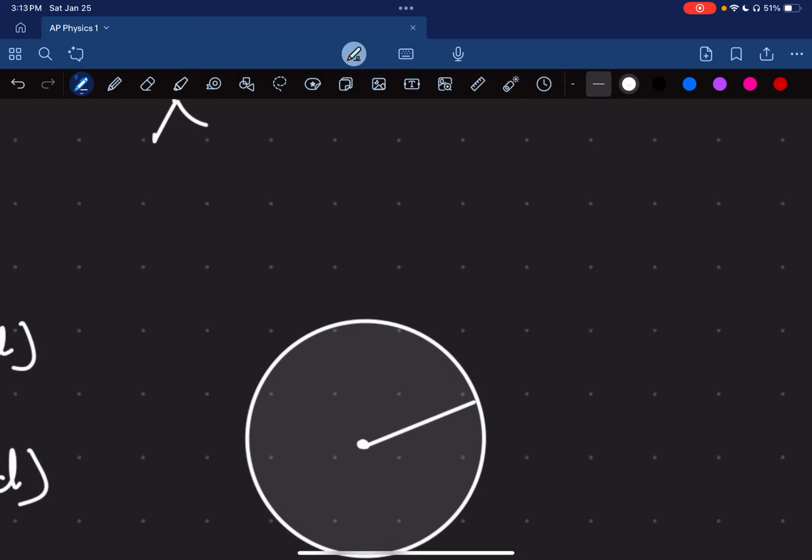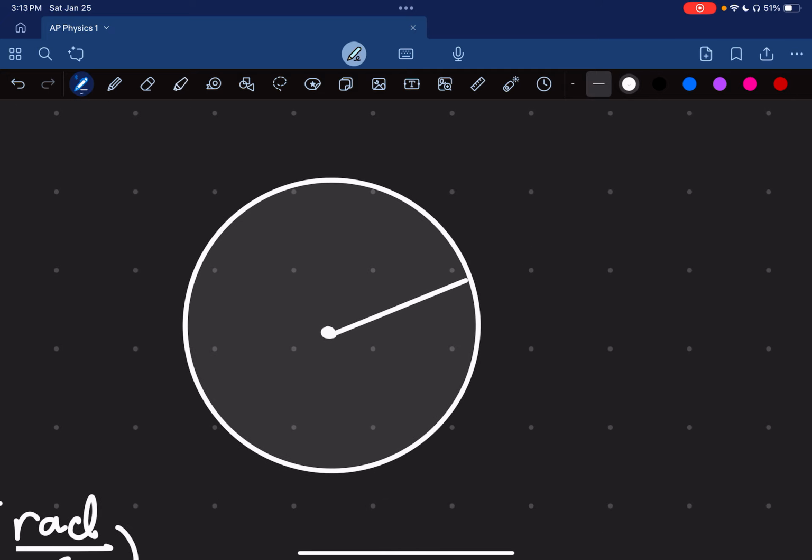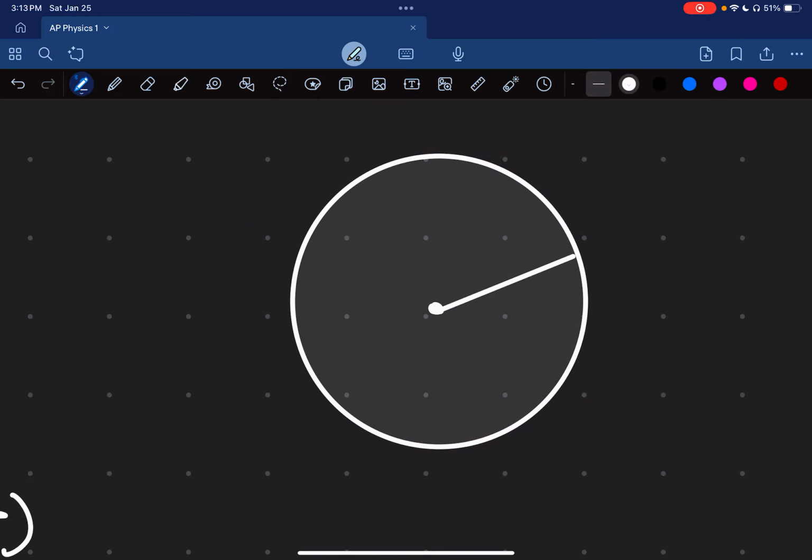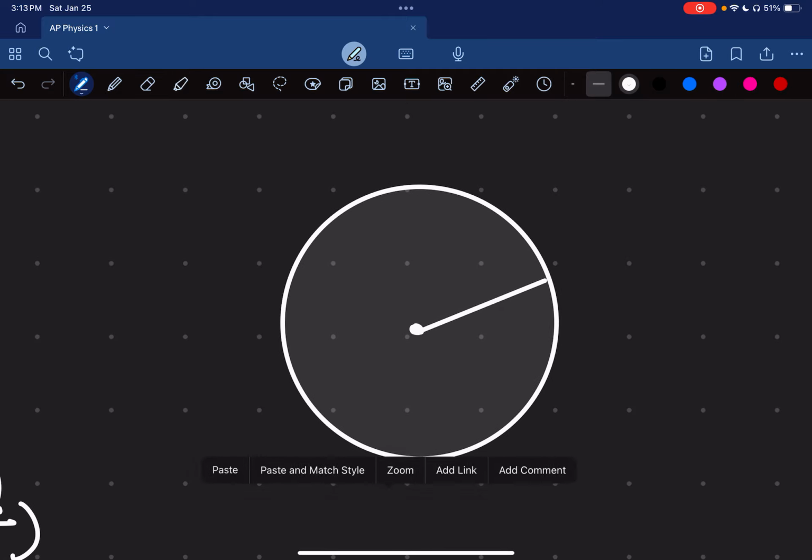So let's come here to this picture first and move it over here. Let's suppose this, let's say it's a disk or something, starts rotating. And let's say it starts rotating counterclockwise.